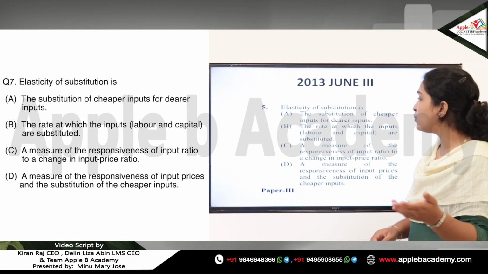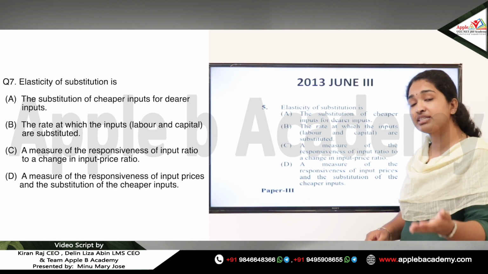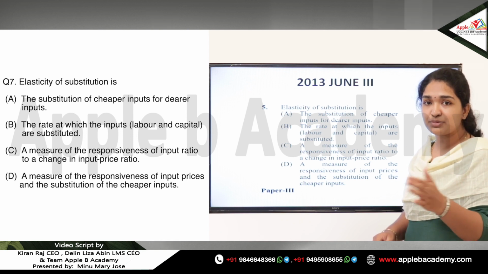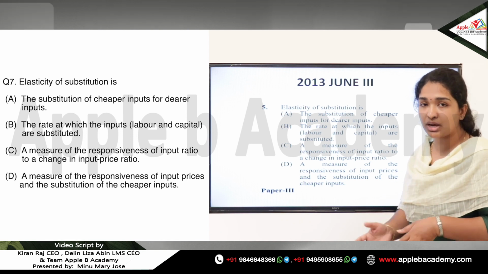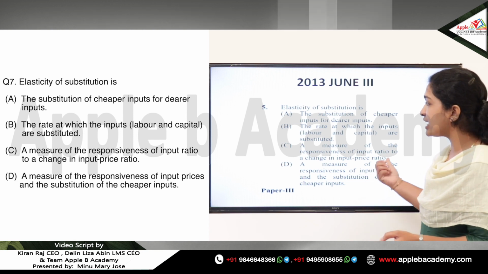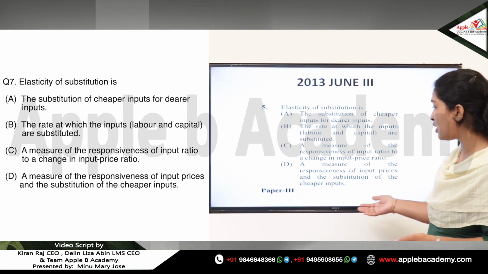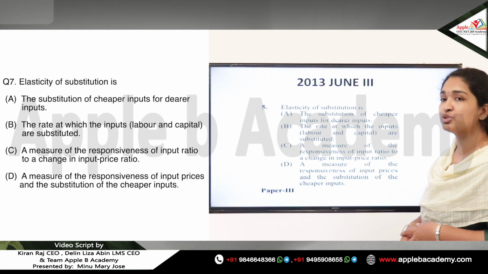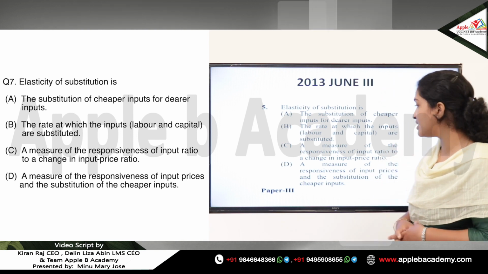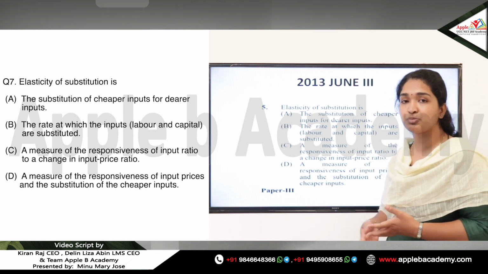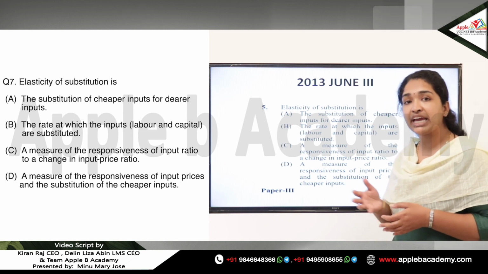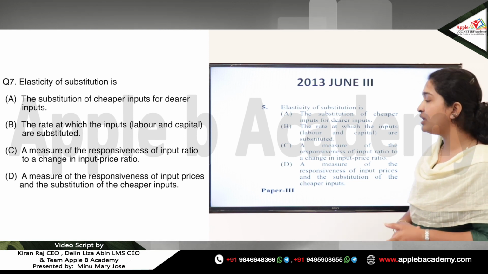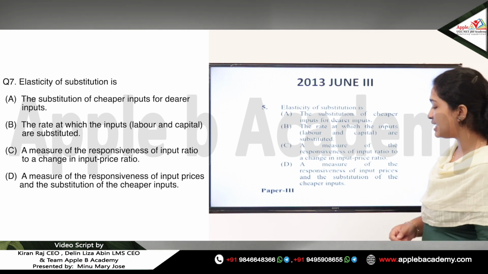MRTS is the rate of substitution, the change in the use of both commodities. That corresponds to option B. Option D, a measure of the responsiveness of input prices and the substitution of cheaper inputs: no, it is not the responsiveness of input prices, but the responsiveness of how a producer is willing to change his factors of production based on the input prices. So there is only one exact answer to this question, that is option C.